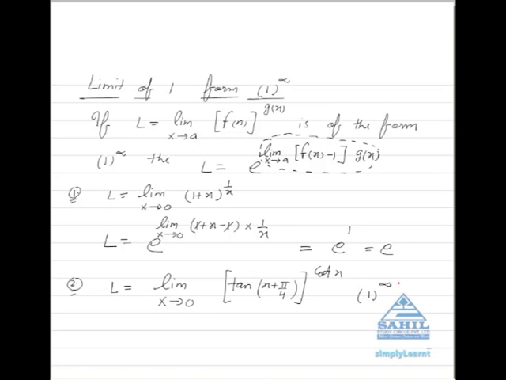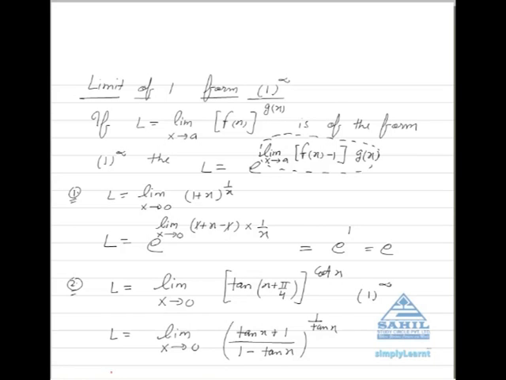Then what do we have to do right now? First of all, L equals limit x tending towards 0; apply the formula of tan(a + b). So it comes out to be (tan x + 1)/(1 − tan x), since tan π/4 is 1, whole raised to power cot x, which can be written as 1/tan x. Now it is in the form of f(x) raised to power g(x).